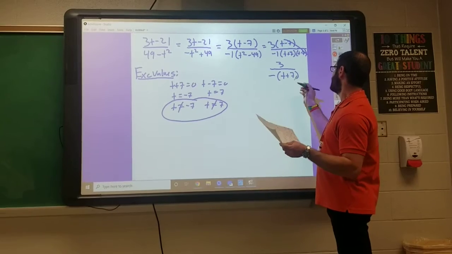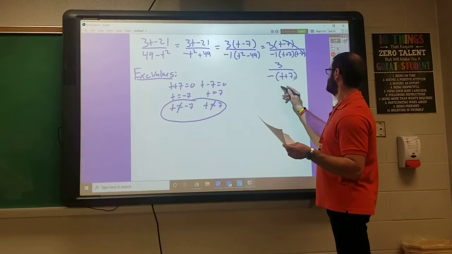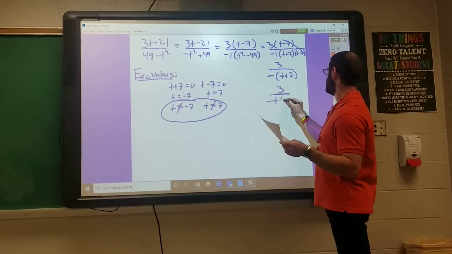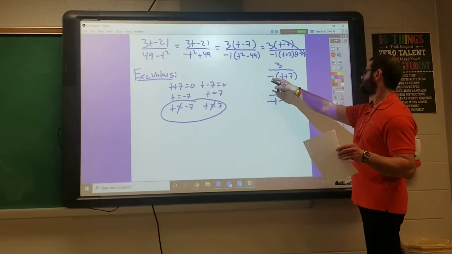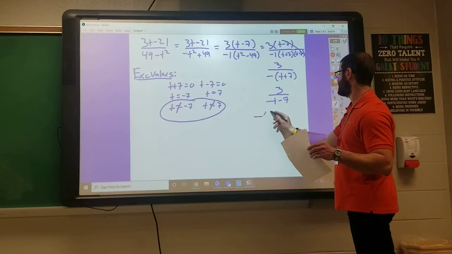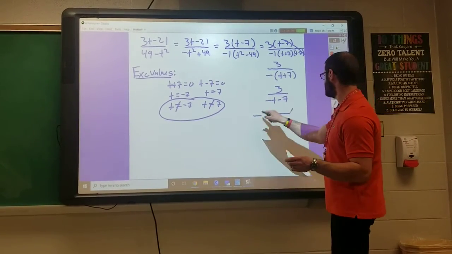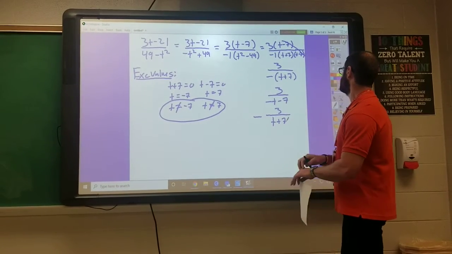Okay, so one way I could distribute that, right? You'd have 3 over negative t minus 7, or I think a more common way, we could just go ahead and put the negative in front. You just put the negative outside of the fraction, so negative then 3 over t plus 7.